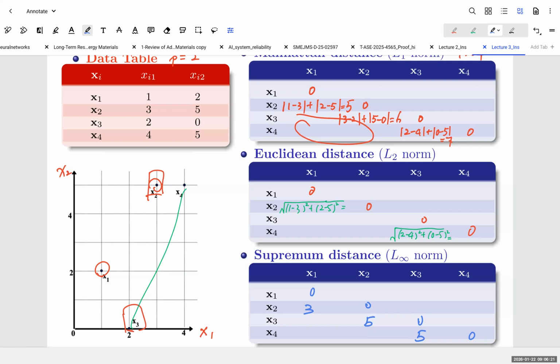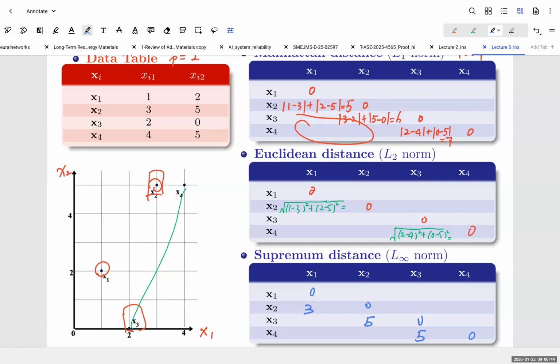So x2 and x3 have the same supremum distance as x3 and x4 because their height difference is the maximum. Right, so they have the same supremum distance, but in terms of Euclidean distance, you will see that they are different.